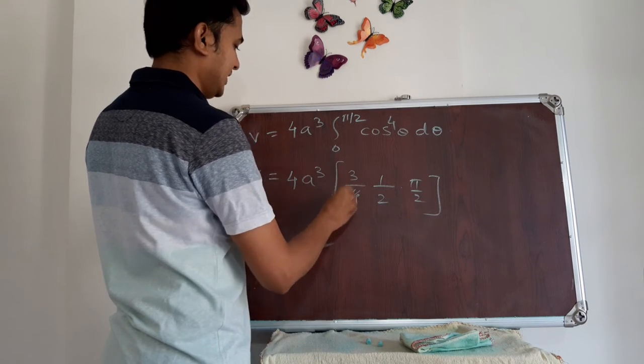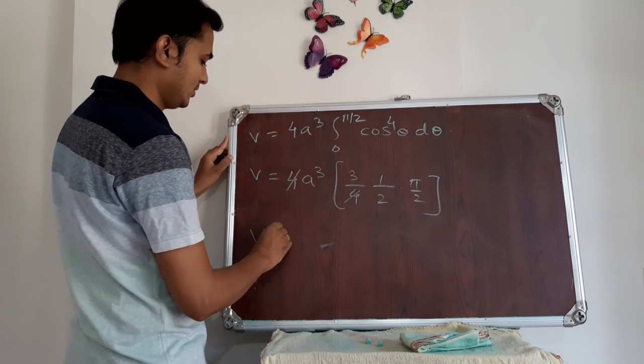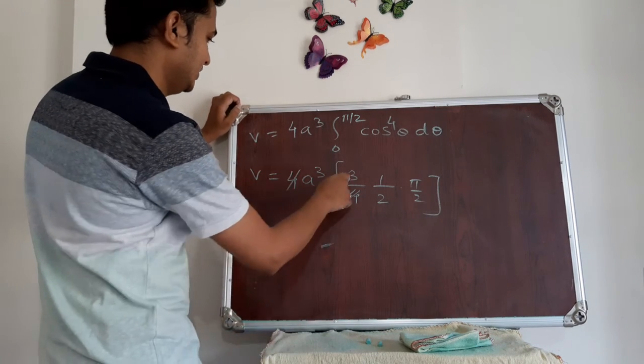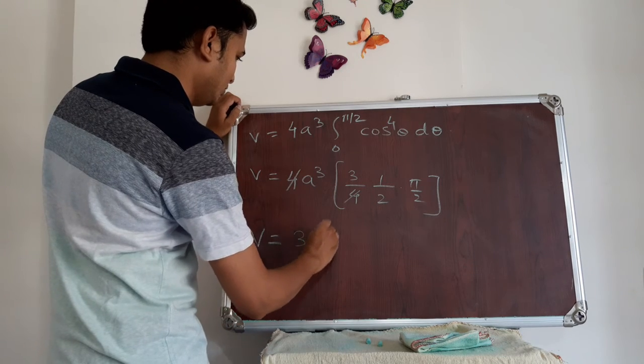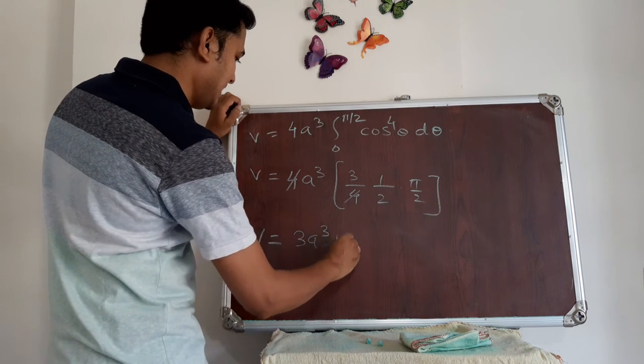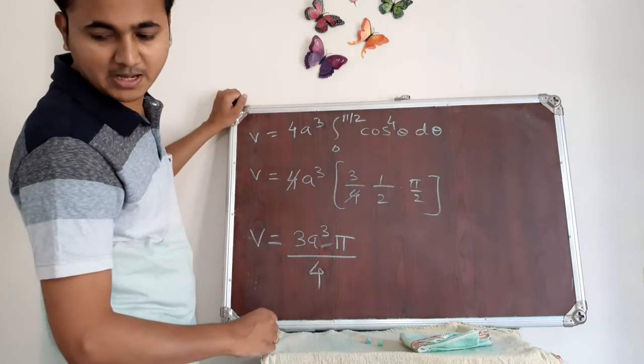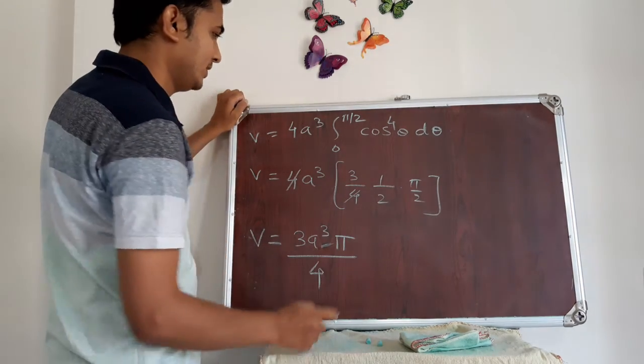So this 4 will get cancelled, and the volume bounded between those two surfaces is 3a³π/4.